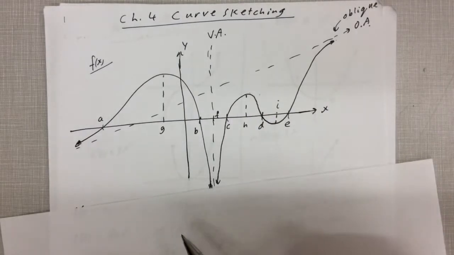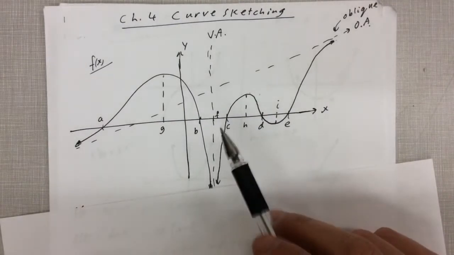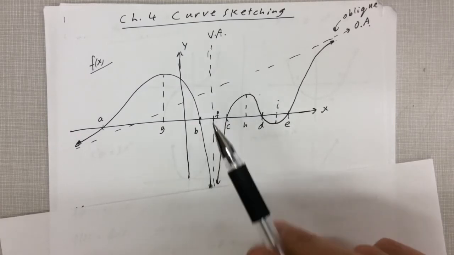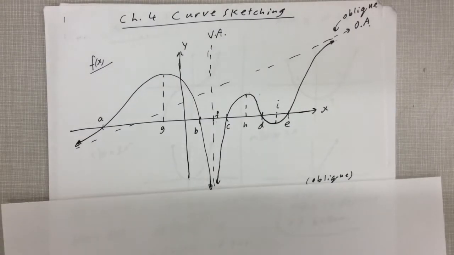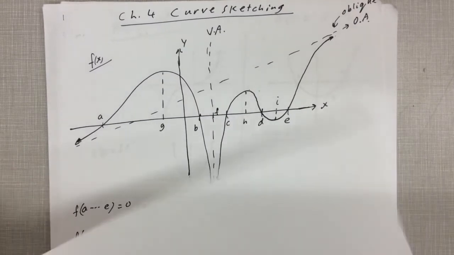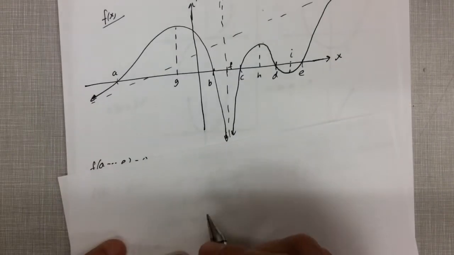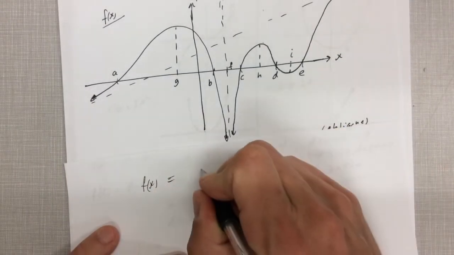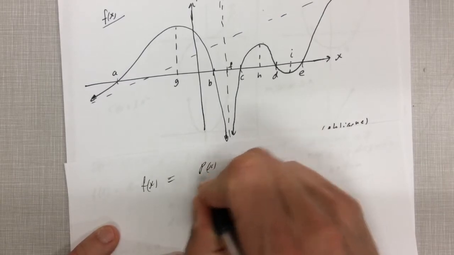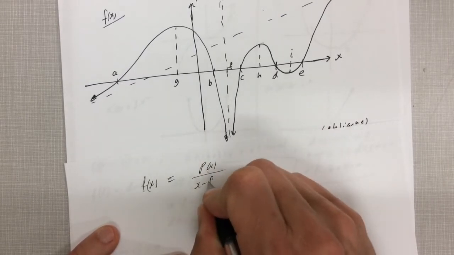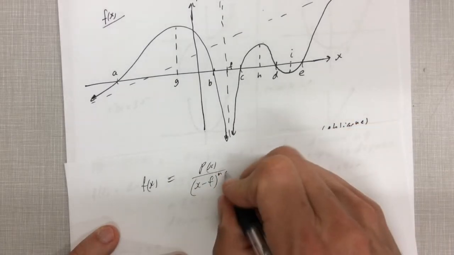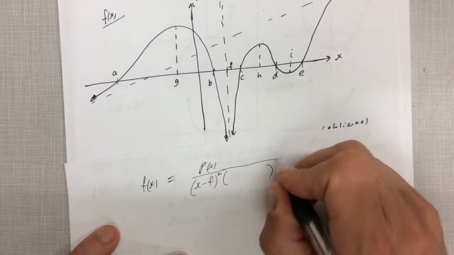This function looks like it's probably a rational function where the denominator has a factor of x minus f. So it might look something like this, where f of x equals some polynomial on the top and x minus f to some even power times something down here.